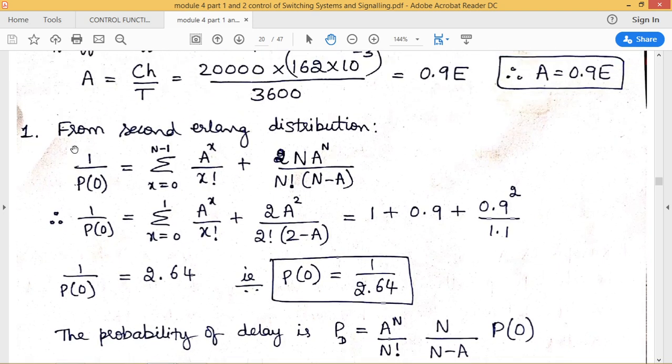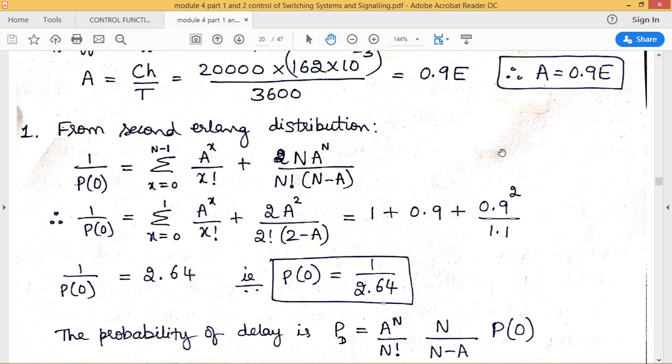So for calculating the probability of delay, we need P of 0. We know from the second Erlang distribution that 1 by P of 0 is given by this equation. If I substitute n, right now there are two processors involved with respect to our particular SPC exchange.